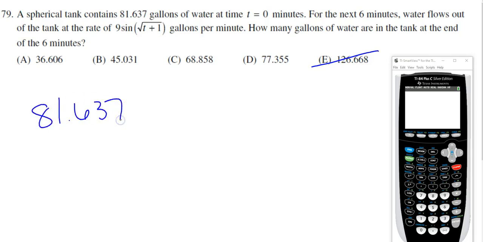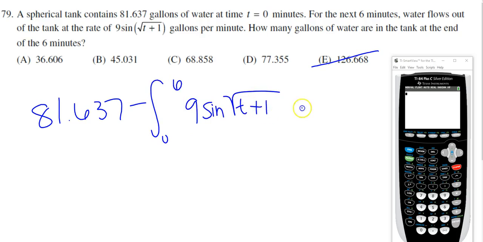81.637, and then we need to subtract out how much has left, right? So from 0 to 6, 9 sine of the square root of t minus 1 dt. So let's put that in our calculators.